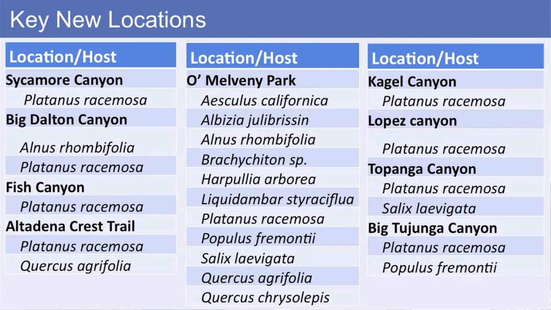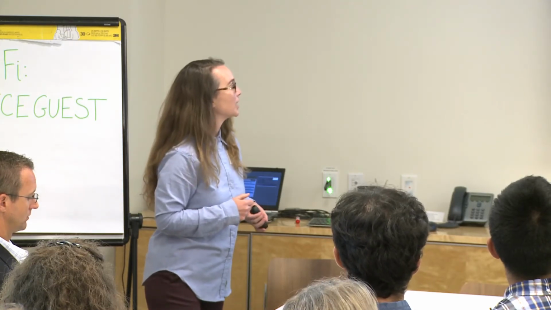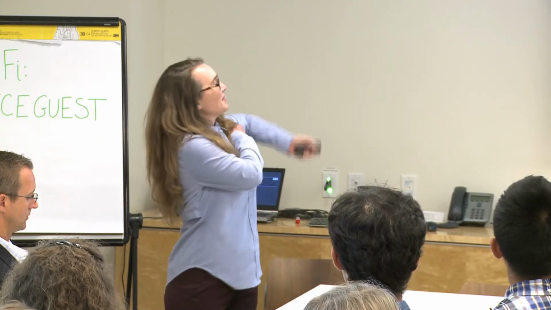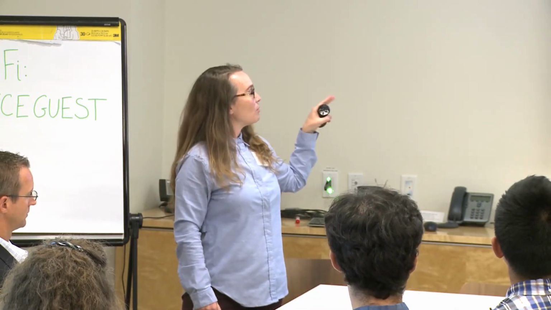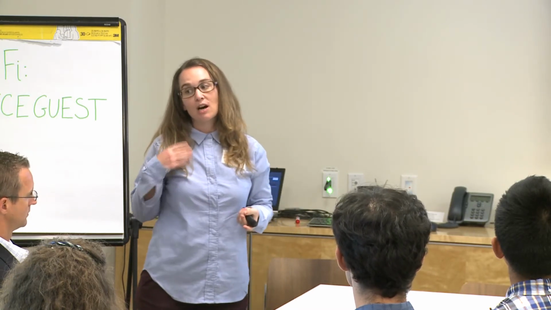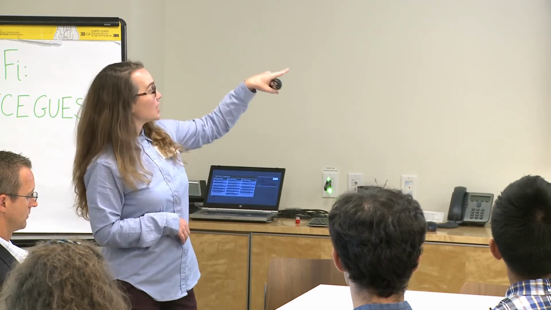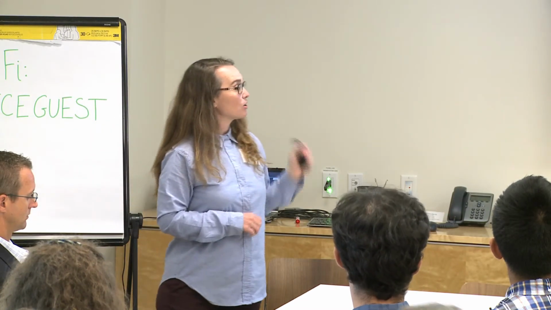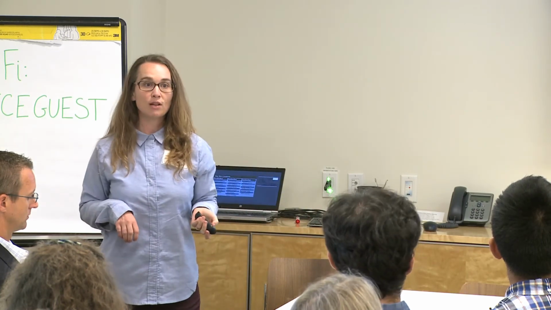They include Sycamore, Big Dalton, Fish Canyon, Altadena Crest Trail, O'Melveny Park, Cagle Canyon, Lopez Canyon, Topanga Canyon, and Big Tujunga Canyon. And the other important thing about this survey was I detected 2 additional reproductive hosts: California buckeye, which is Aesculus californica, and Quercus chrysolepis, which is canyon live oak, both of which are native to California.